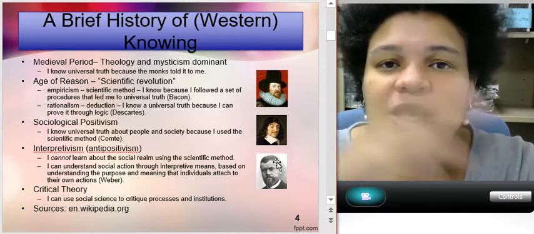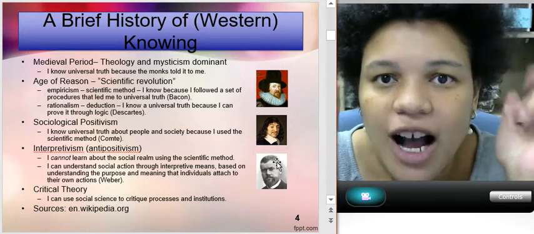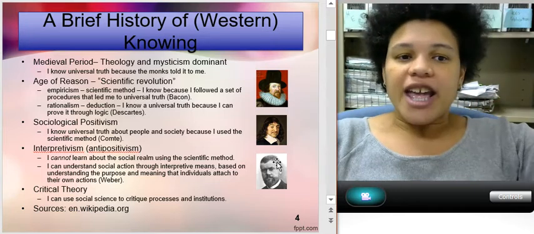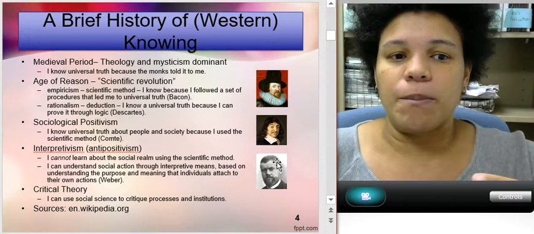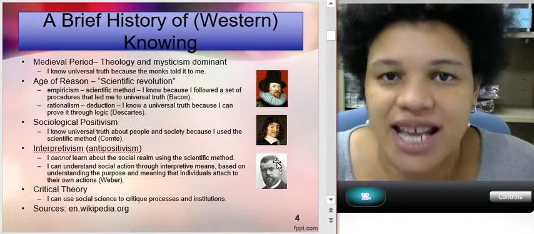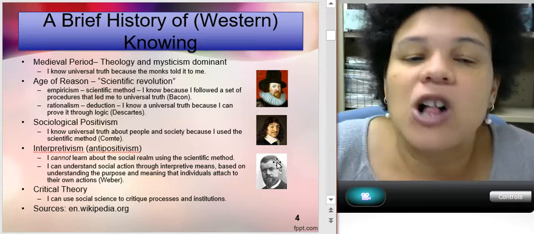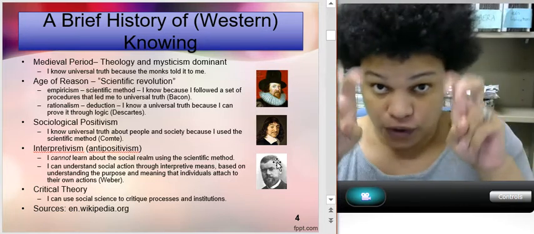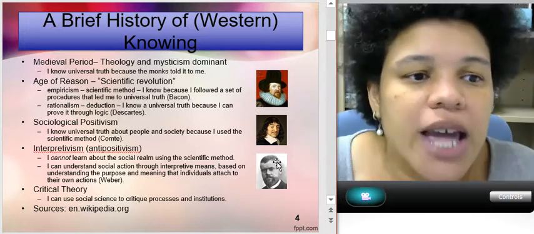And then we have this so-called scientific revolution during the Age of Reason, right? So then we have Bacon, who's associated with this idea of the scientific method. I know because I followed a set of procedures that led me to universal truth, right? Okay.